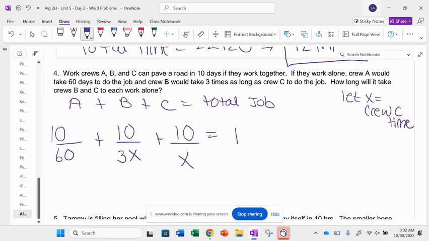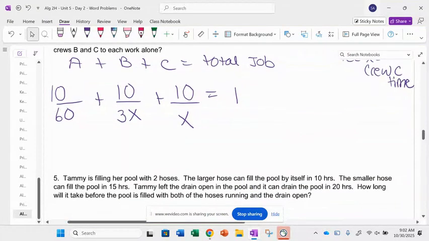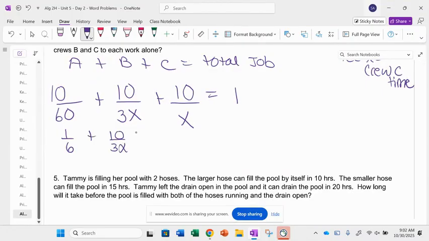What do you think I'm going to simplify that down to? 1/6. You got it. So now we need to multiply by a common denominator. What would be that common denominator? Not 2x, no. 6x, you got it. So we're going to multiply everything by 6x.